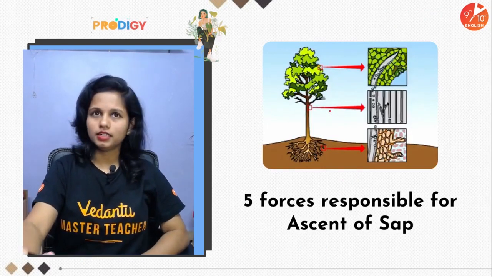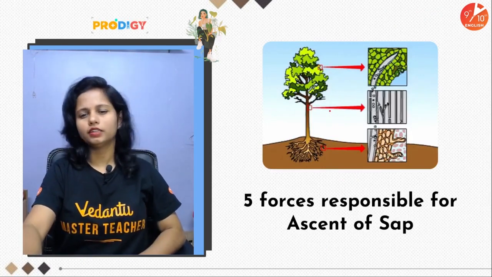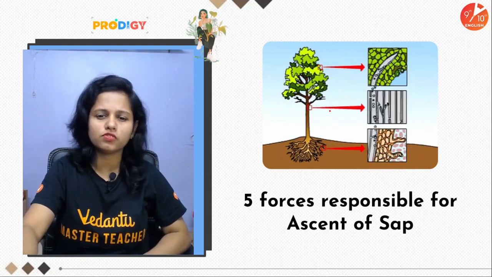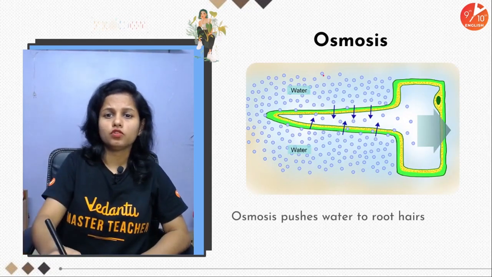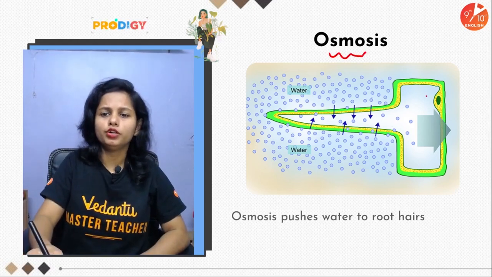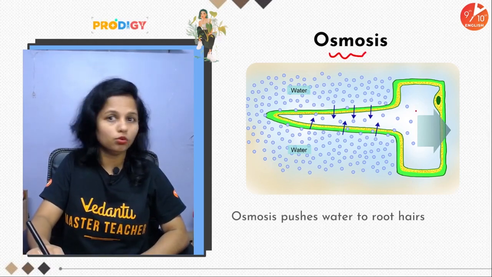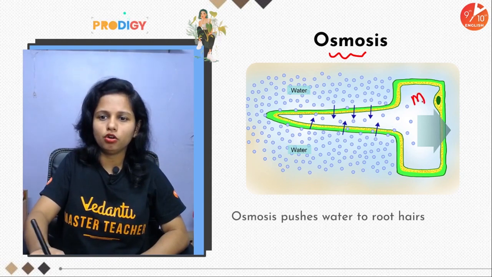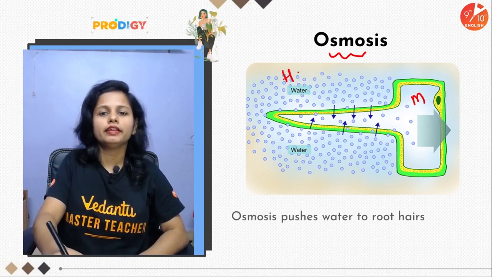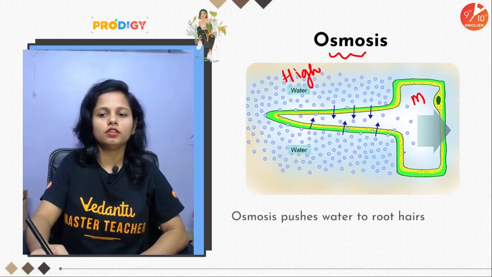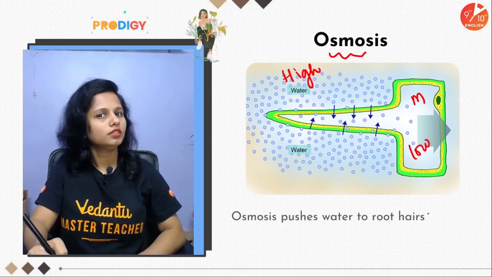So let us have a look at the 5 forces responsible for the ascent of sap. One is of course osmosis. If there is a cell vacuole having a lot of minerals and less water, then water is high in the soil but low in the cell.